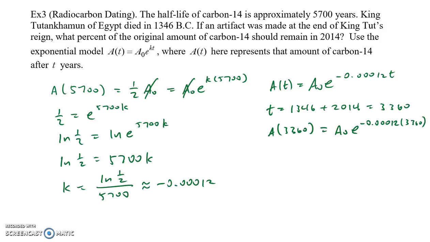Okay, now we need to compute the product in the exponent there. So let me do that. A0 e to the negative, the product of the two numbers in the exponent is negative 0.4032.